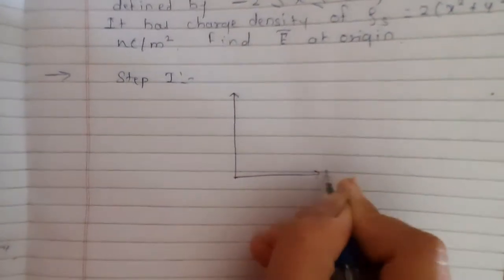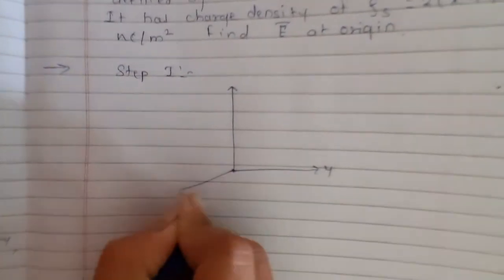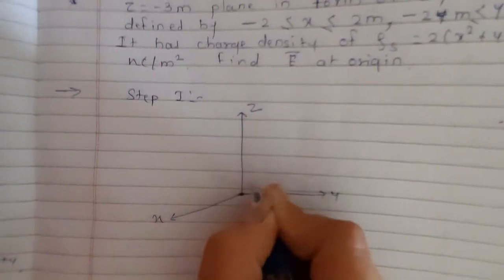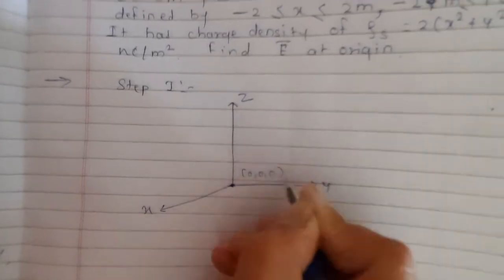This is y, this one is x, and z axis. This is the point of origin 0, 0, 0.